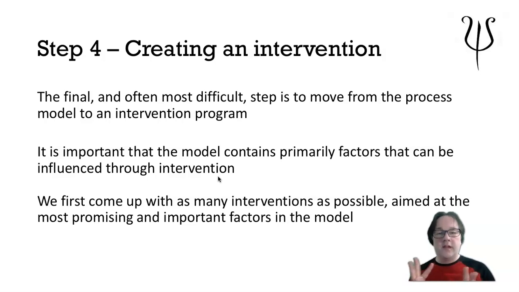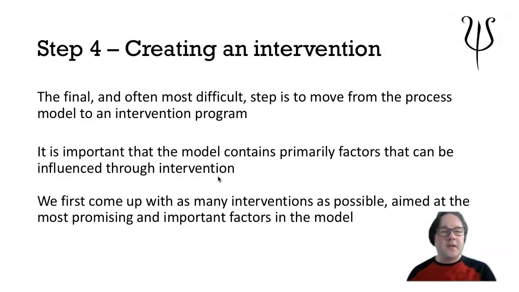So we said that it's important to include things that we can influence, and when we first come up with as many interventions as possible, we have to understand that not all of these interventions are going to be created equal, right? So we're first going to come up with as many possible interventions that we can think of that are based on our analyses that we've created these models for.